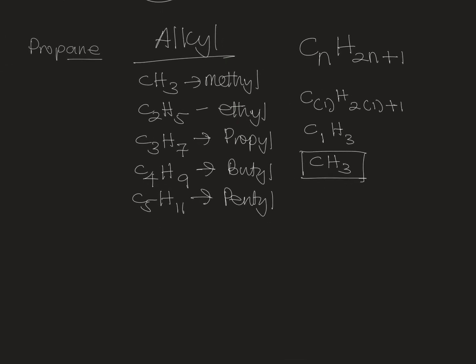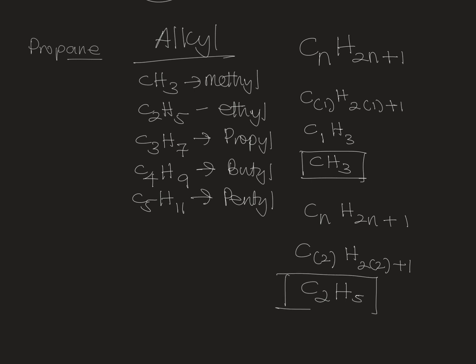So if I want to establish the chemical formula for ethyl, where we have CnH2n plus 1, ethyl is 2 carbons. That will be C2H2 into 2 plus 1. So that will be C2H. 2 times 2 is 4, plus 1 is 5. So whenever we say meth, we are talking about something that carries 1 carbon.